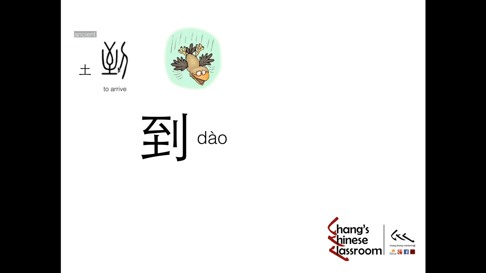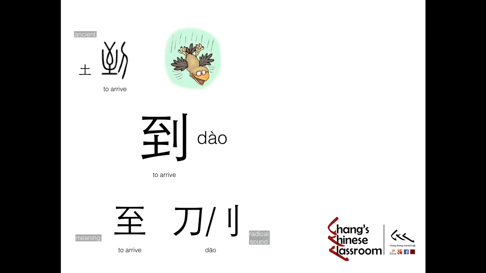And later evolved the meaning. Probably the original meaning of this is a bird hit the ground, so later evolved the meaning to arrive. And they kept the meaning to modern times, to arrive.